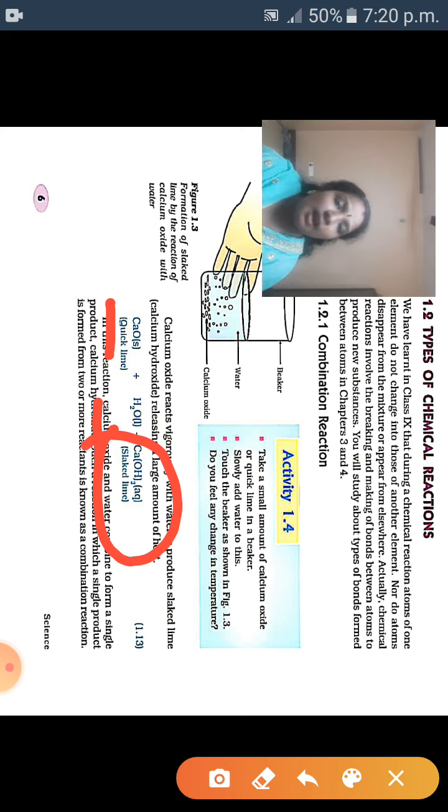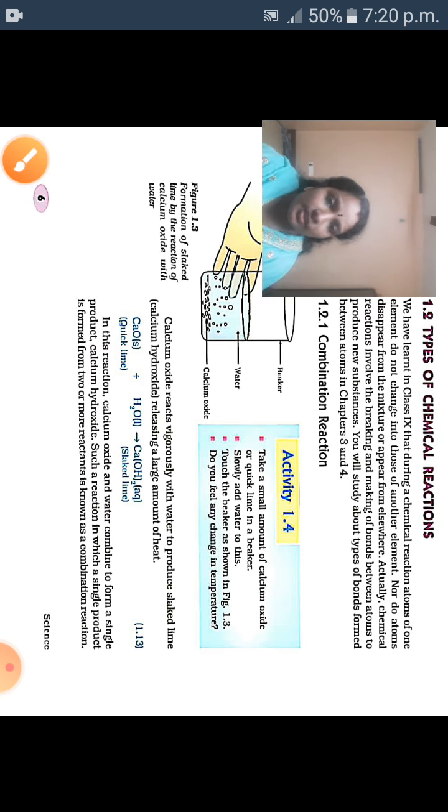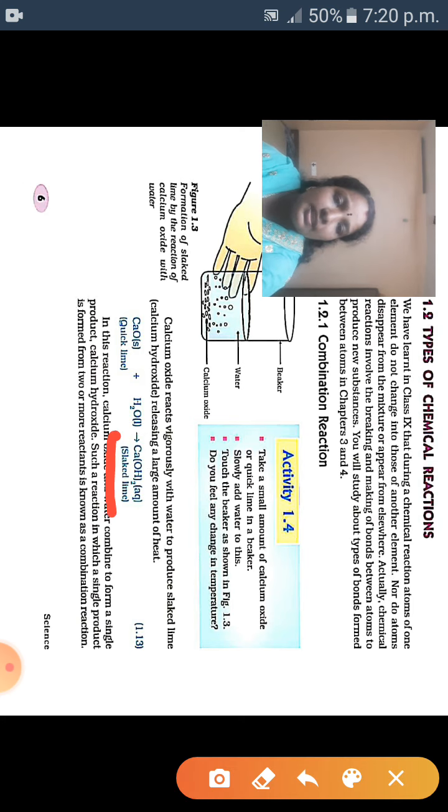This calcium hydroxide is also known as slaked lime. Don't forget it. Calcium oxide or CaO is known as quicklime. Calcium hydroxide or Ca(OH)2 is known as slaked lime.